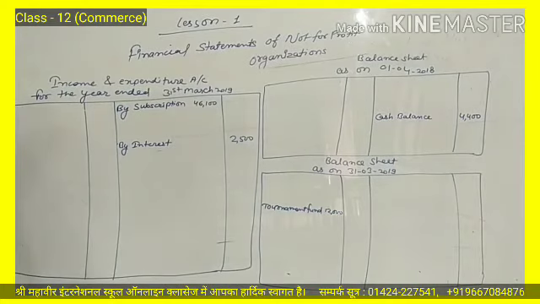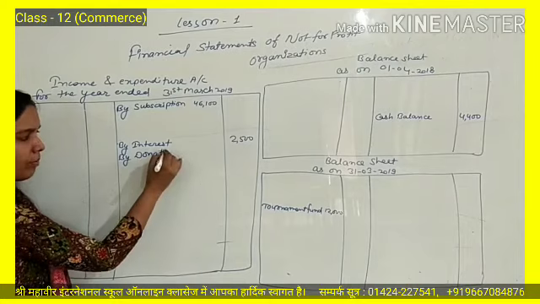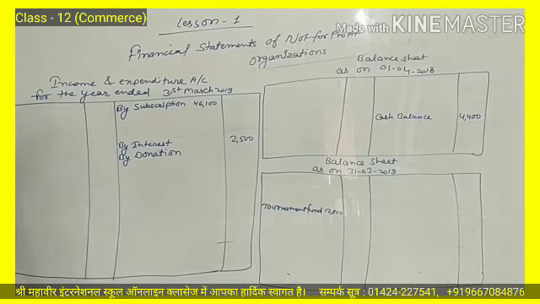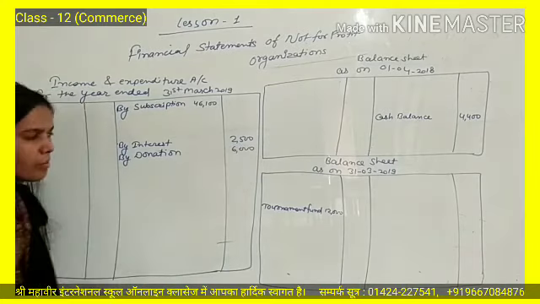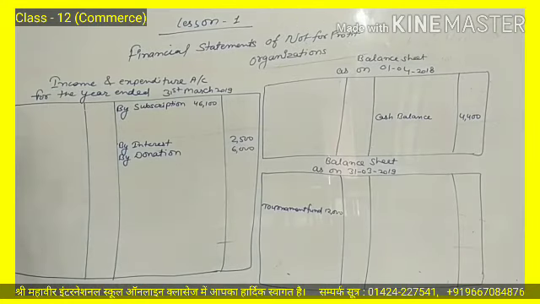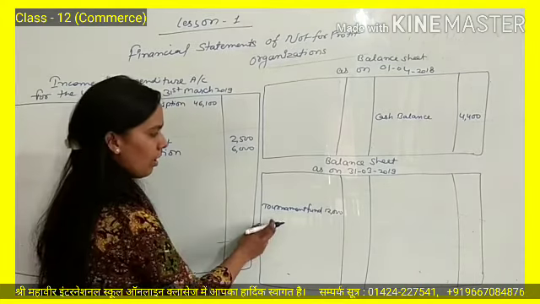Donation, there is nothing mentioned for the donation, so it is a general donation. We will write it in income and expenditure. By donation 6,000.